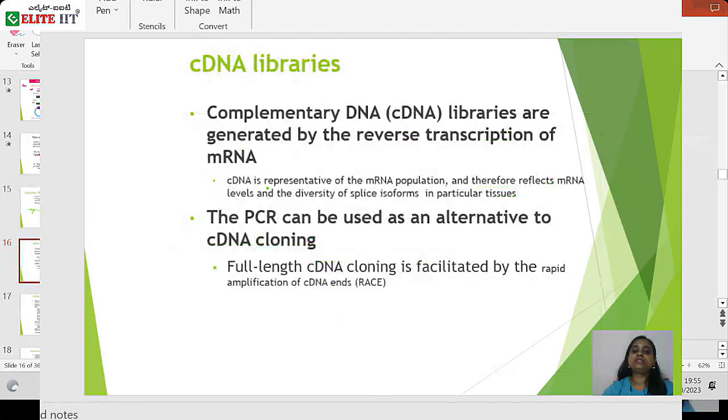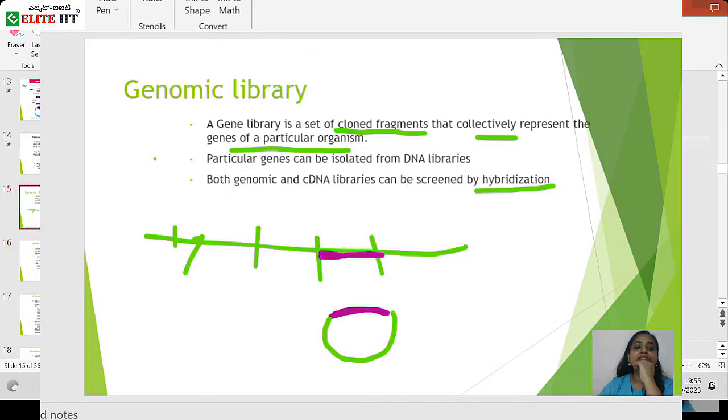Let's see how it happens. Here it is the genomic library: whole genome, you make the fragments, make recombinants, and then you can collect your gene of interest from the library by hybridization technique.